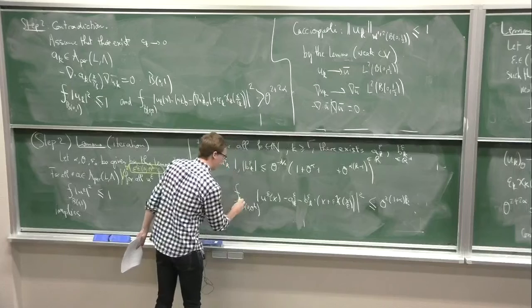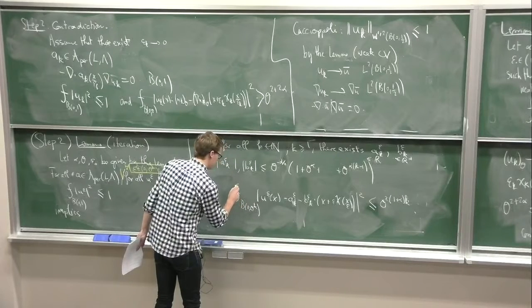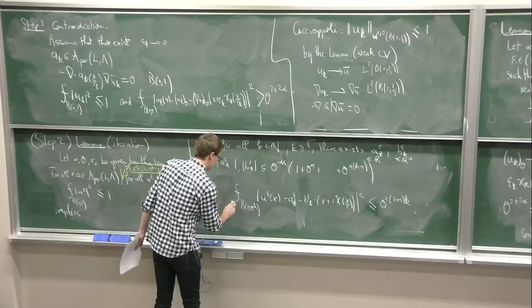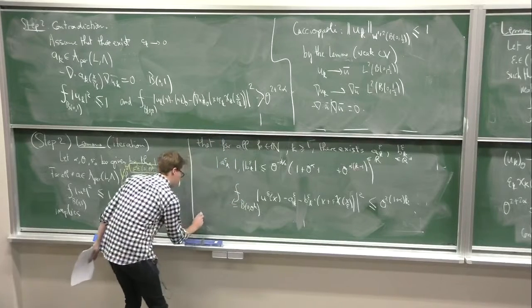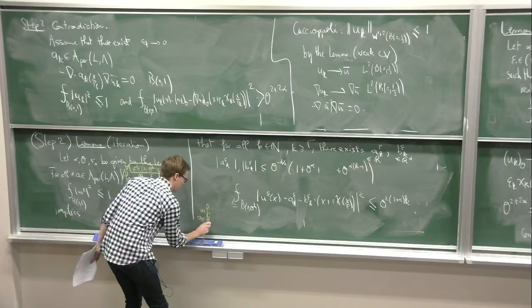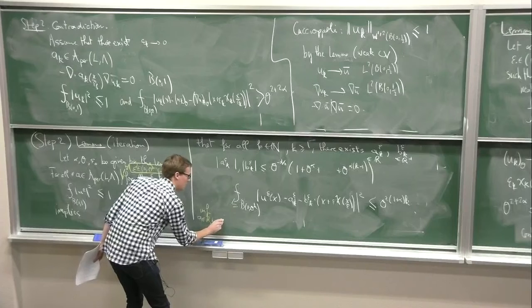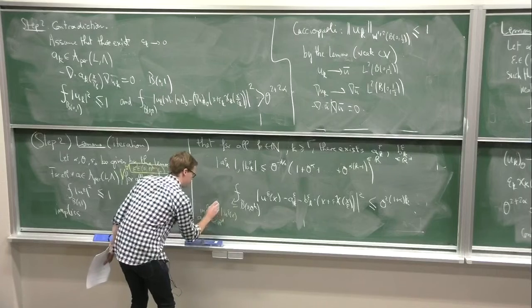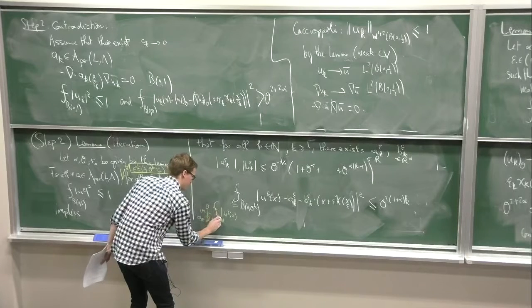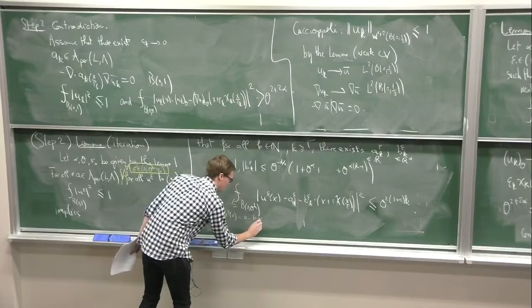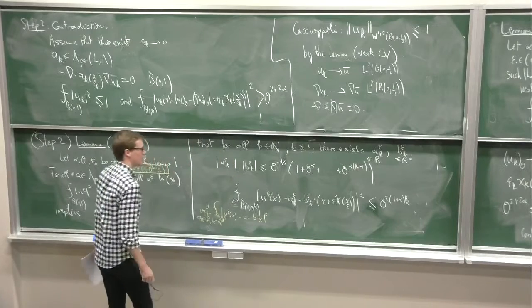So let me just write this in another form. You see that this is bigger than the inf over all A in R and B in R^d of u epsilon on B_0 theta^k minus A minus B dot x, squared.